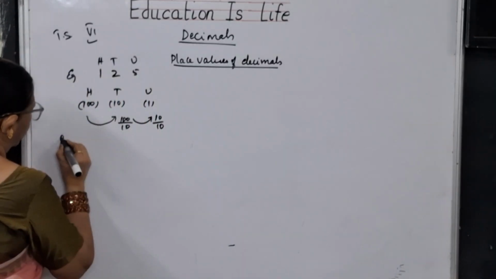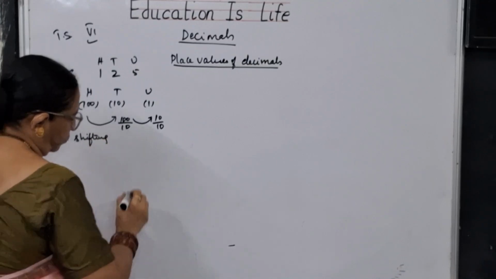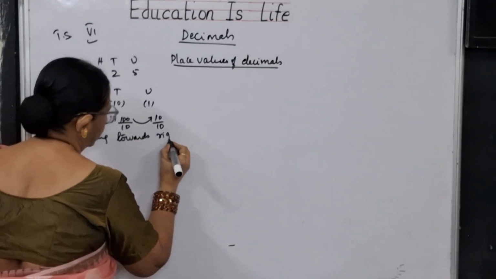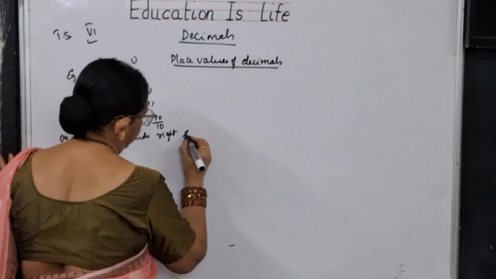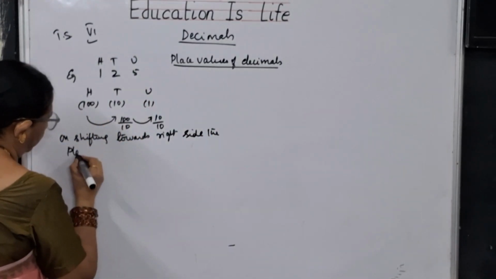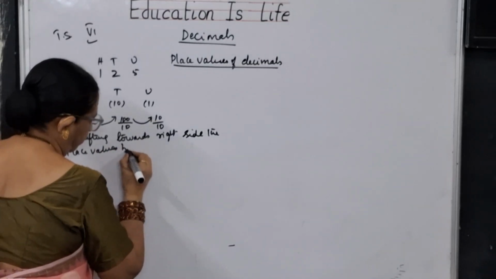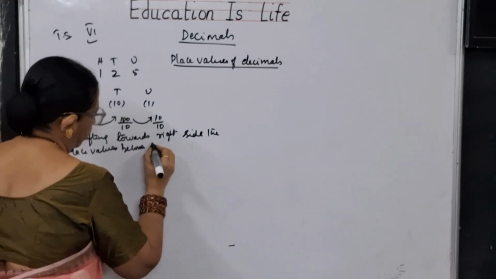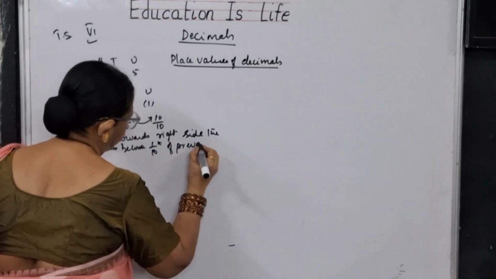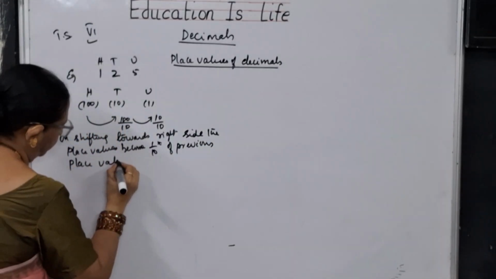That means on shifting towards the right side, the place values become 1 by 10th of the previous place value.